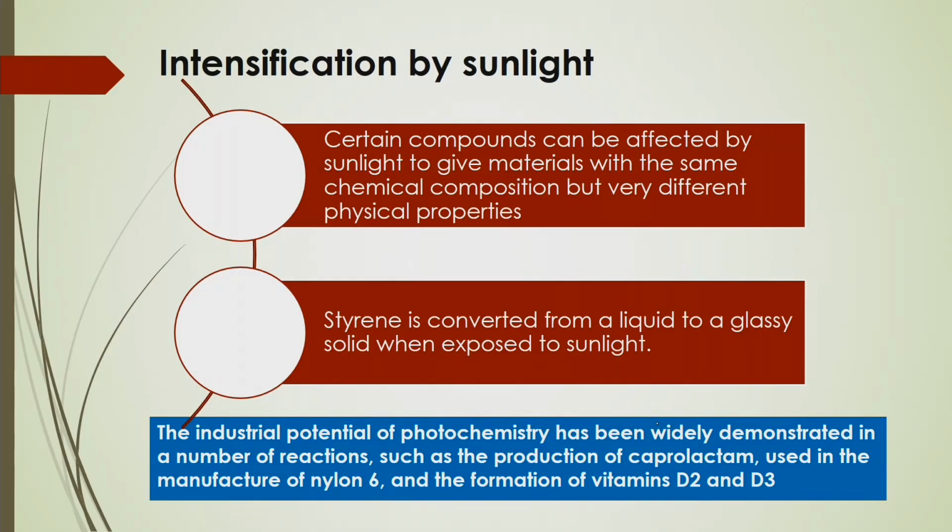So, in that case, the potential of photochemistry has been widely demonstrated in industrial sectors in a number of reactions, such as production of caprolactam that is used in the manufacture of nylon 6, and the formation of vitamins D2 and D3.